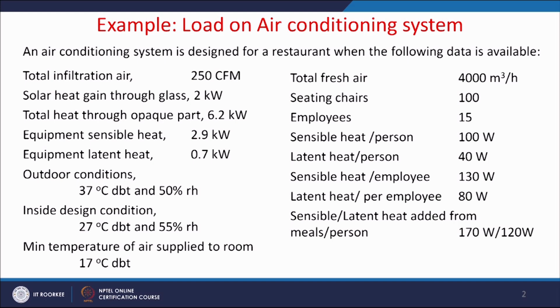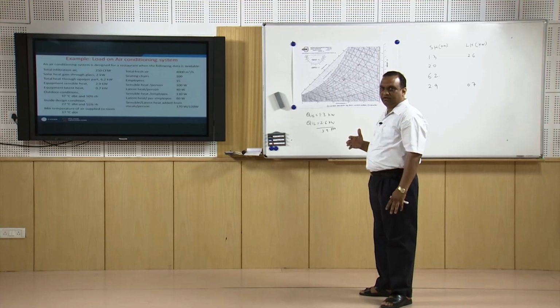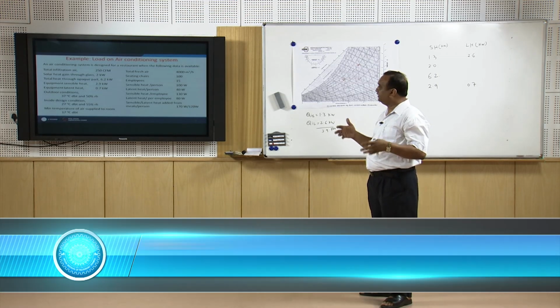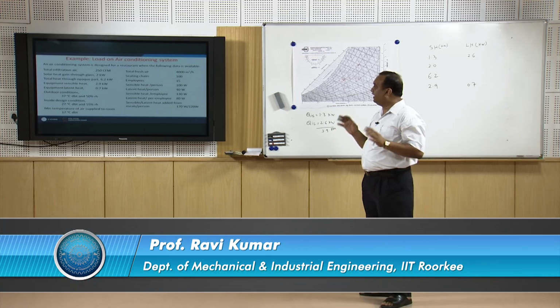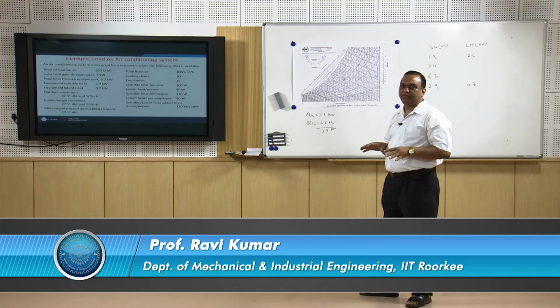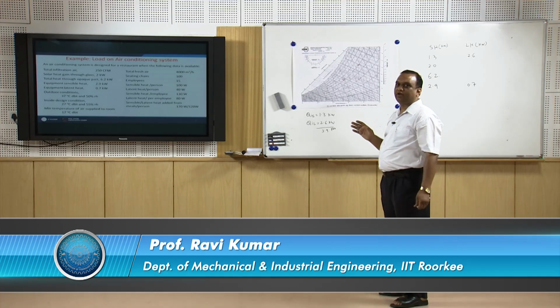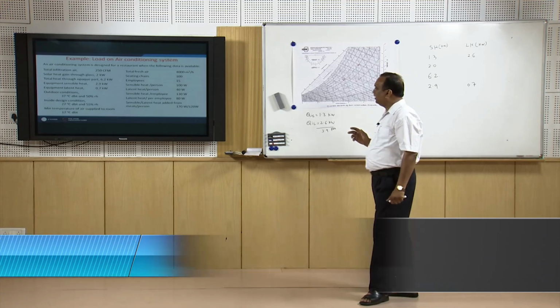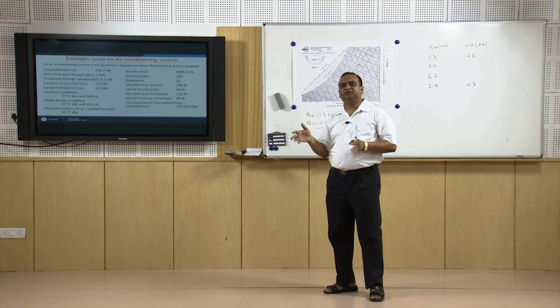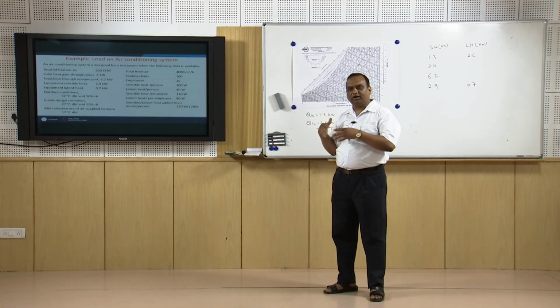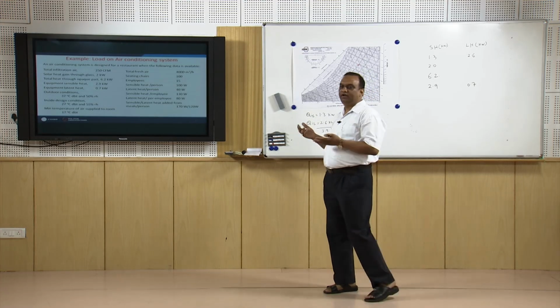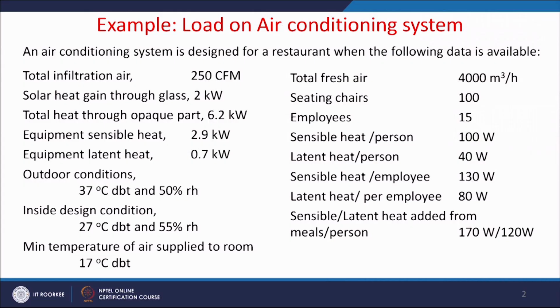And as you know, when we are sitting in a room, we also emit a certain amount of heat, and when a person is not doing anything, just sitting on the chair, then sensible heat addition to the environment is of the order of 100 watts. It means if 10 persons are sitting in a room, they are already contributing 1 kilowatt of heating to the room. So here the sensible heat per person is 100 watts, maximum capacity.